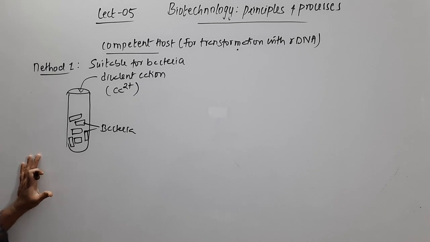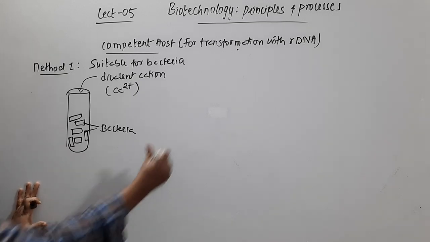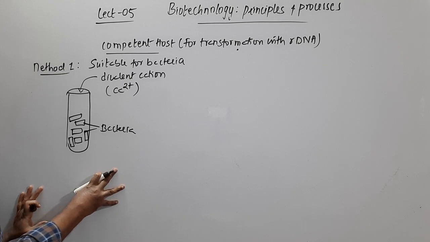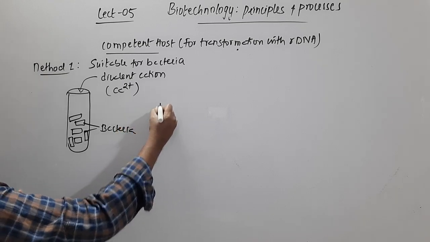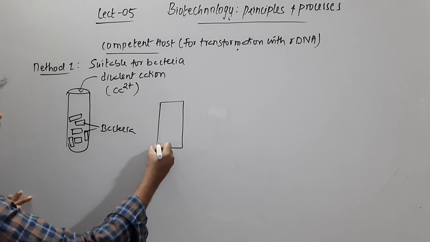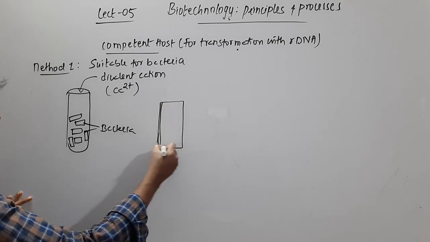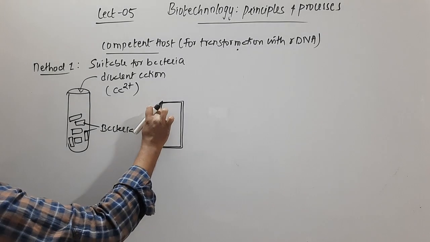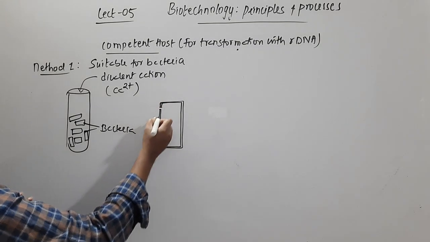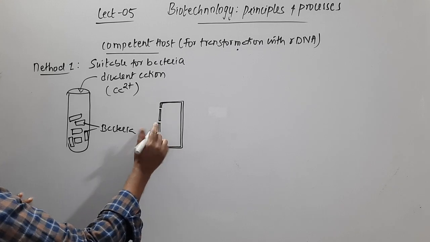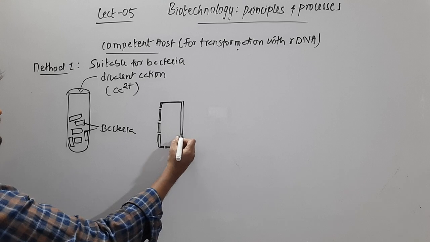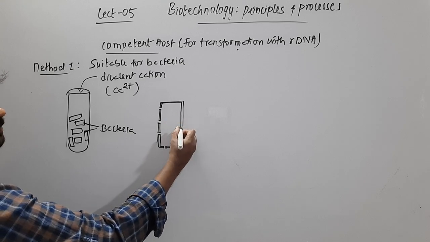It's a divalent cation, and what it does is it makes the bacterial cell walls porous. So suppose this is the wall of the bacterium, and it's going to open up very small pores on the cell wall.